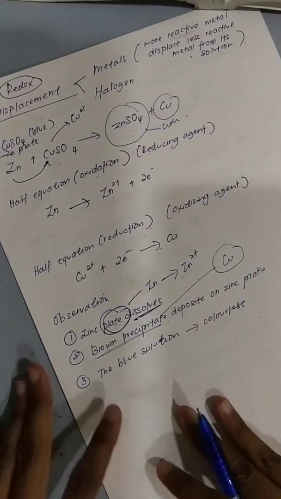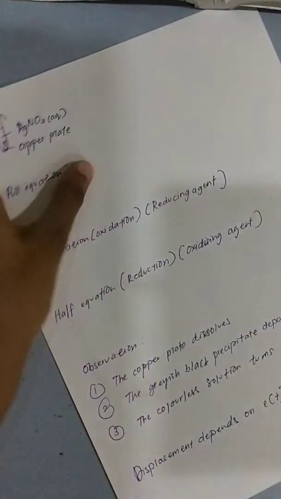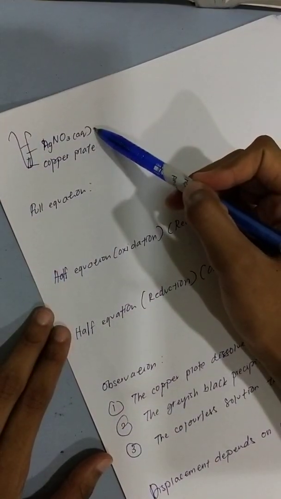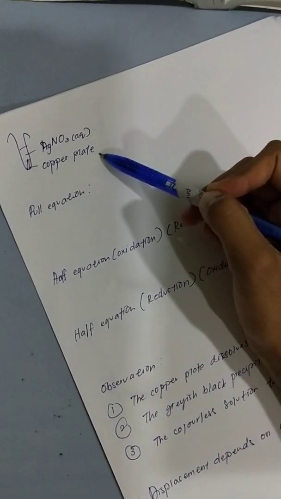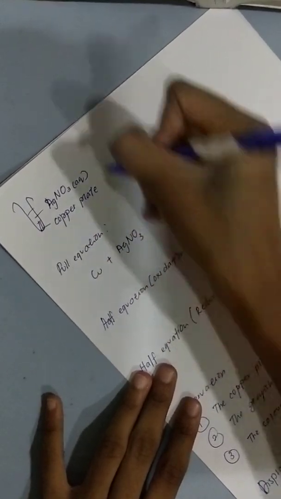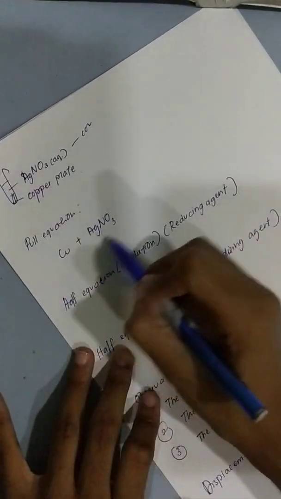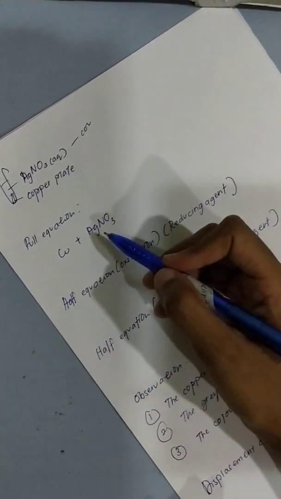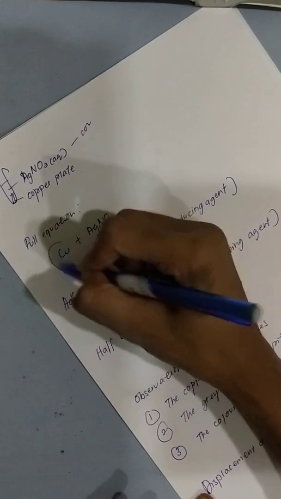We are just learning examples of redox reaction. The same way, for another example, between silver nitrate solution and copper plate. Silver nitrate solution is a colorless solution. Copper plate, we know it's brown. Between these two, based on the electrochemical series, who is more reactive? Copper is more reactive, right?